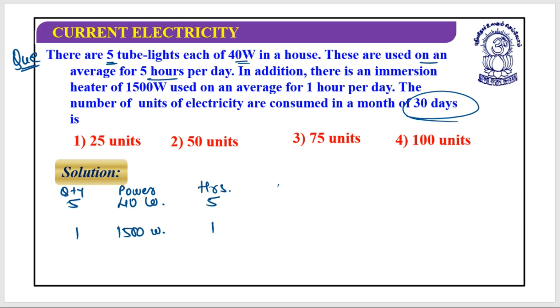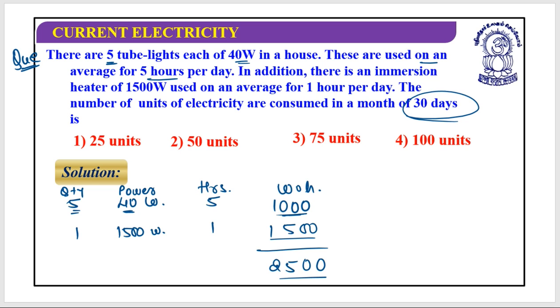Great. So let's calculate watt into hour. There are 40 watt and a total of 5 quantities. So it's a total 200 watt multiplied by 5 hours. It's 1000 watt into hour. This is of 1500 watt. So the total is 2500 watt into hour per day.